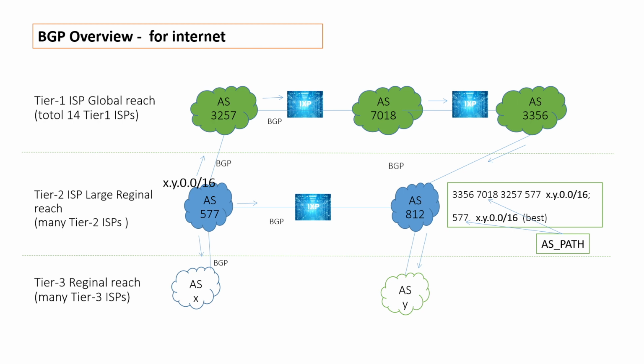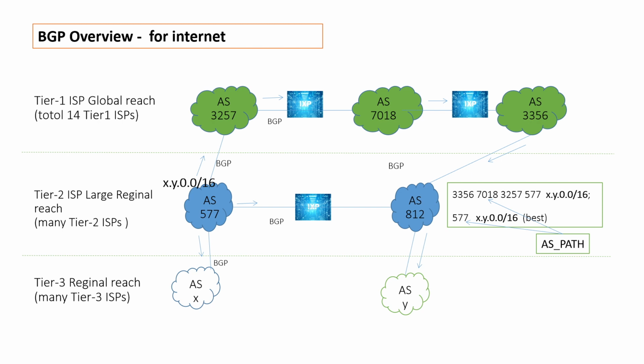Second is the Tier 2 ISP, a large regional ISP. They interconnect with each other, and they also connect to the Tier 1 ISP for upstream. Now there's the Tier 3 ISP, which is a small ISP. Small ISPs most likely connect to the regional ISP for their upstream link.